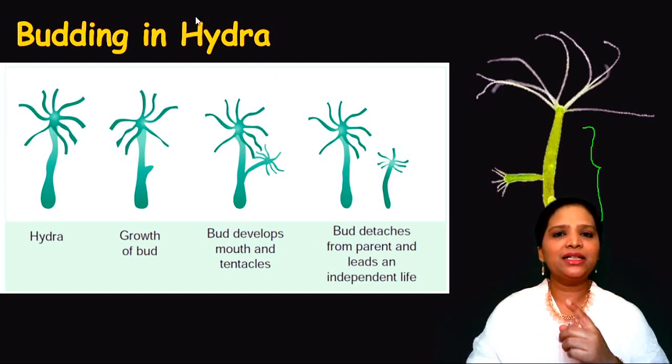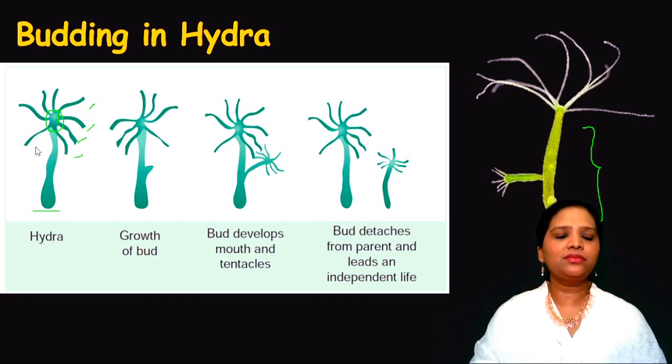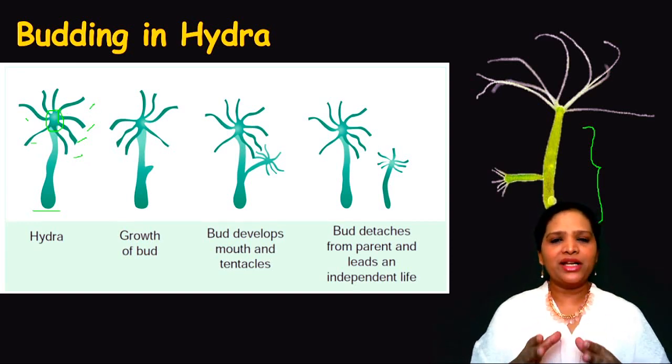So first, the method of budding: what does Hydra do? Look at this picture. This is an adult Hydra. This is the base of the organism and this is the mouth part, and these small structures are called tentacles. What are tentacles? They are the sense organs of the organism. For example, compare this with a cockroach.